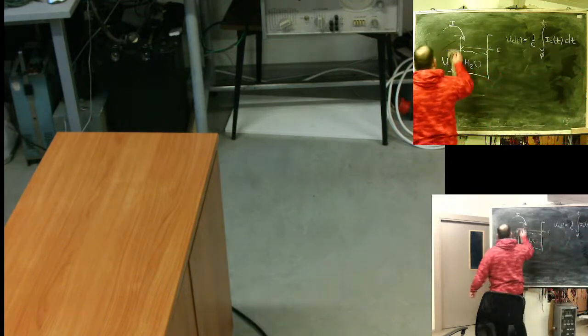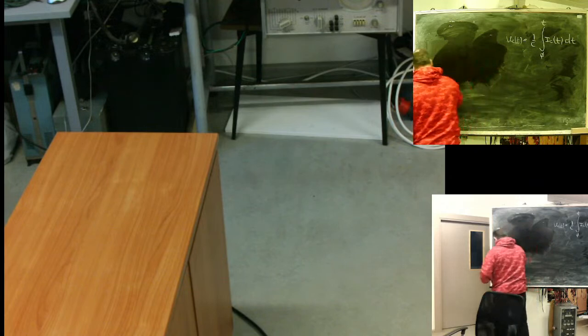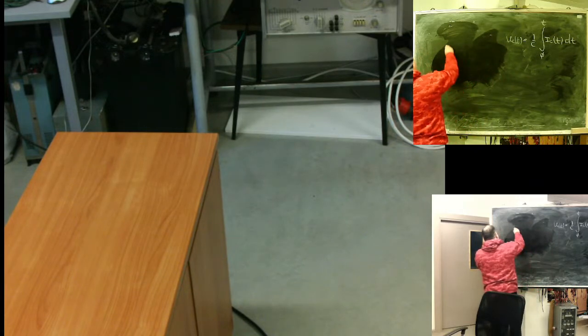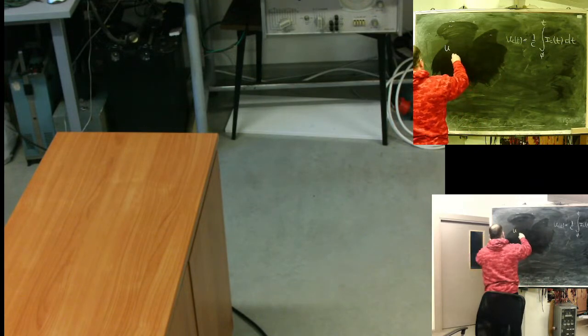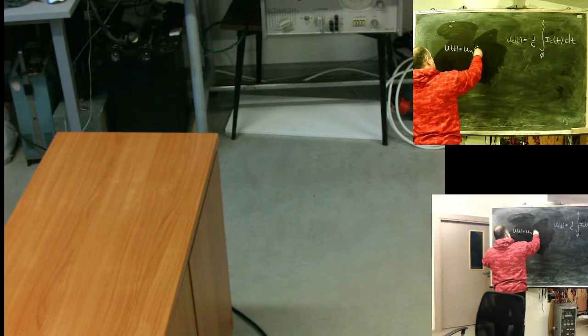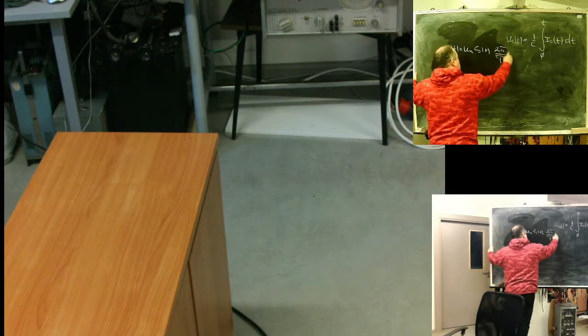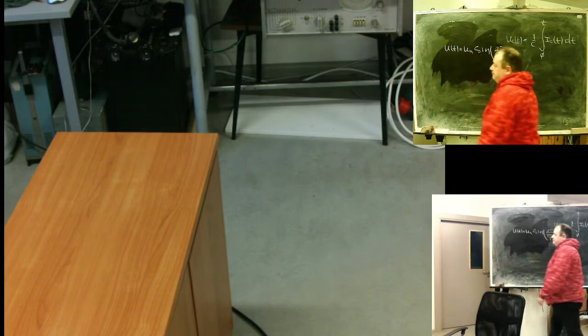In such a case, if we have voltage, as in my scheme, being sine divided by T and multiplied by time.